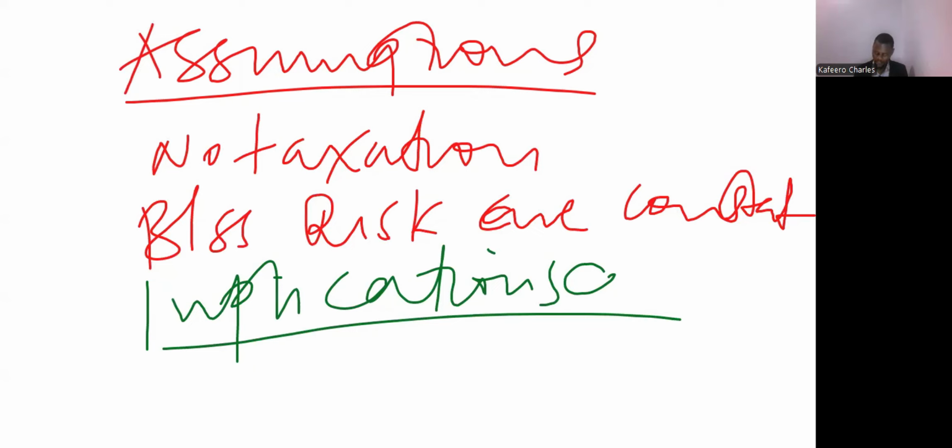So they are worried that we don't keep on borrowing and borrowing. You should borrow up to a certain point, and beyond that, it will be a problem to the business.